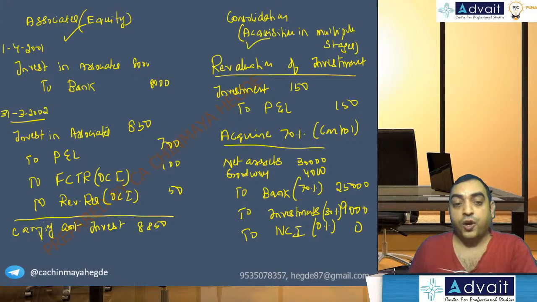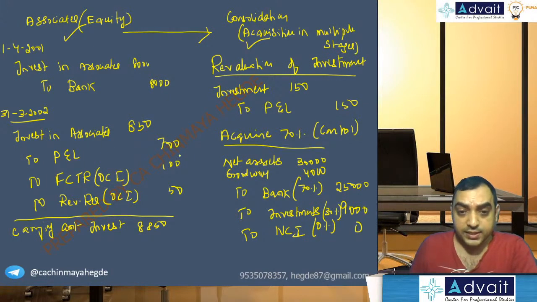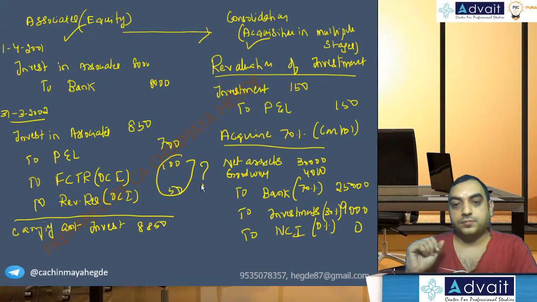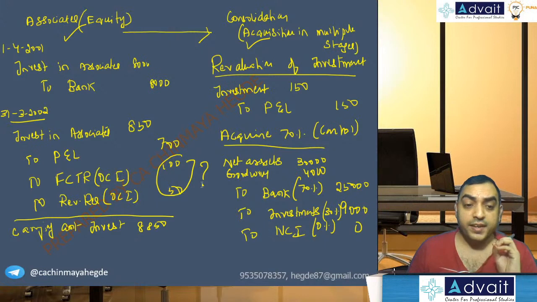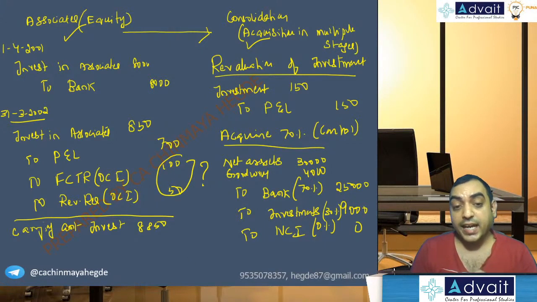This is the accounting for consolidation. But associates becoming holding subsidiary company, this element should be reconsidered. What will happen to FCTR and what will happen to OCI? That is what we need to reconsider now.